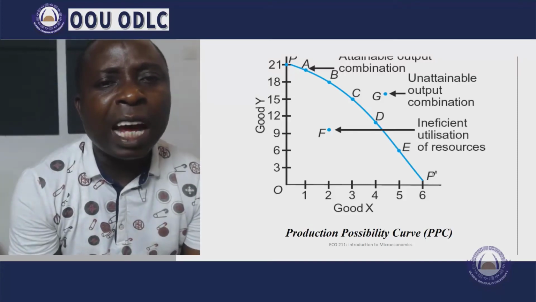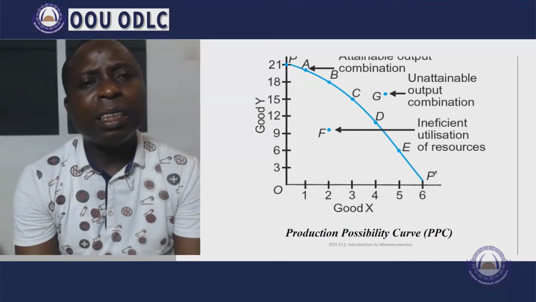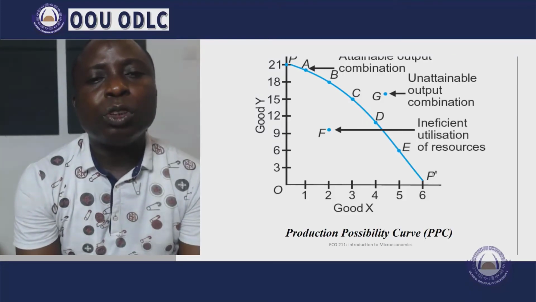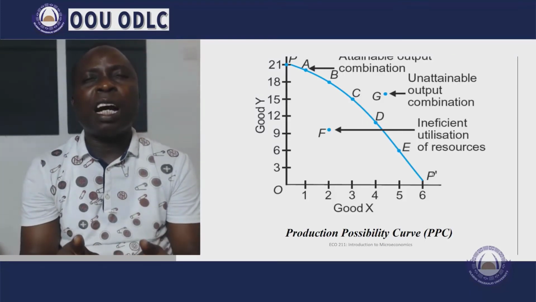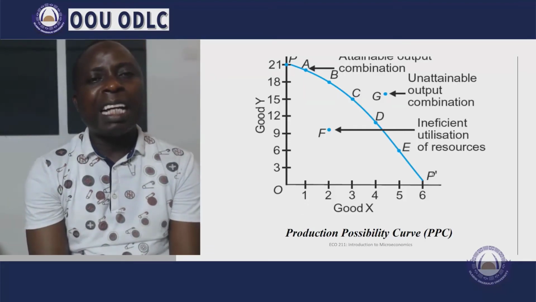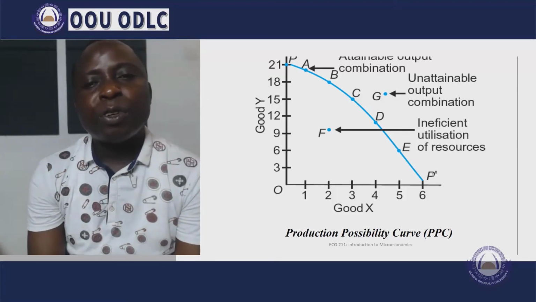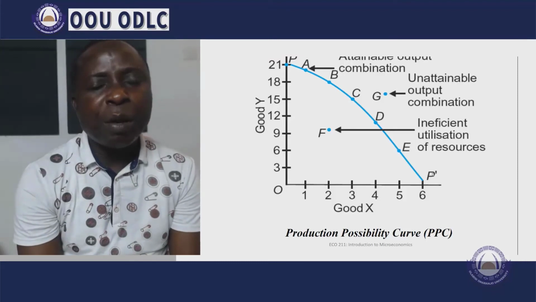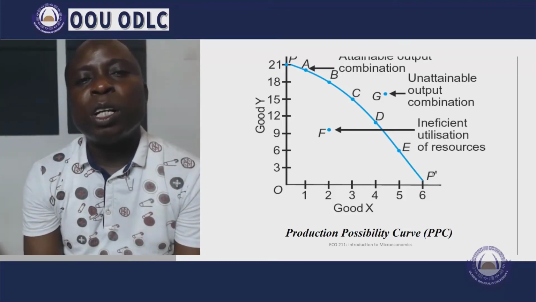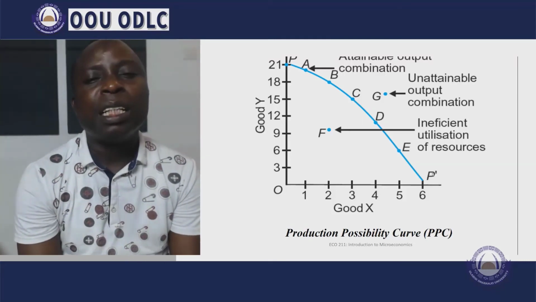On the concave line, looking at the diagram, we can see that we have point P and P prime showing how concave the curve is. On that curve between P and P prime, we have 5 different points: point A, point B, point C, point D, point E.